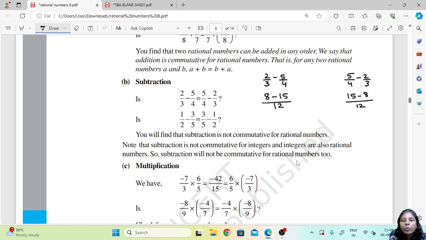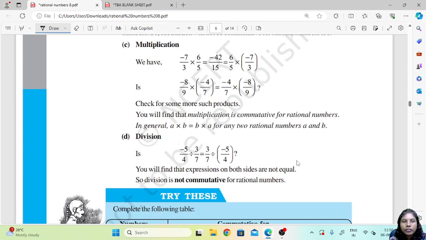So it is very obvious, in one answer we will get a negative sign. So 8 minus 15 will be 7. So we'll get minus 7 here, and over here we'll get a plus 7. So the answer is clearly different. One place we are getting negative, one place we are getting positive. So therefore subtraction is not commutative.